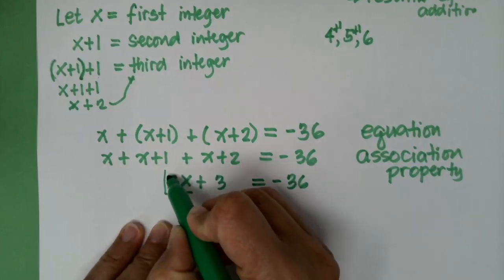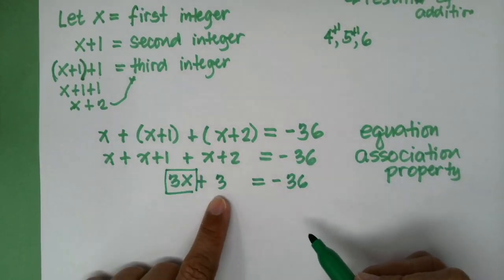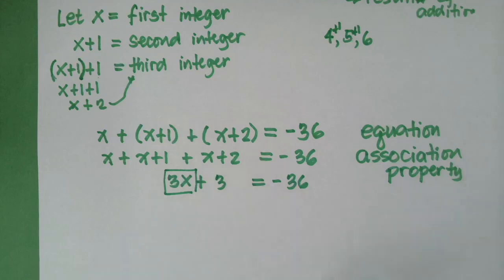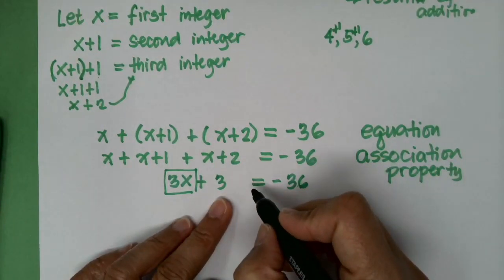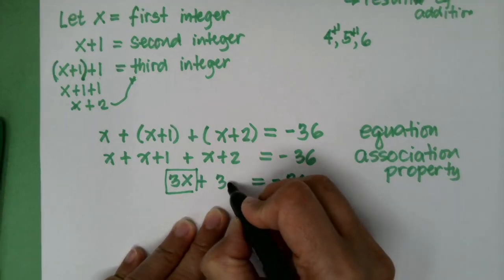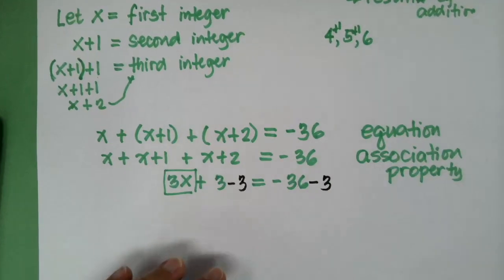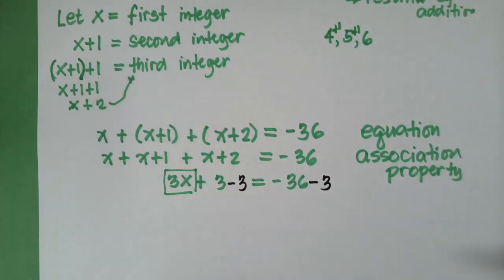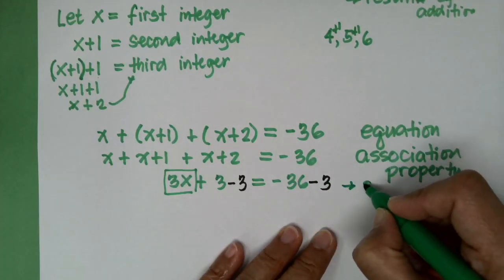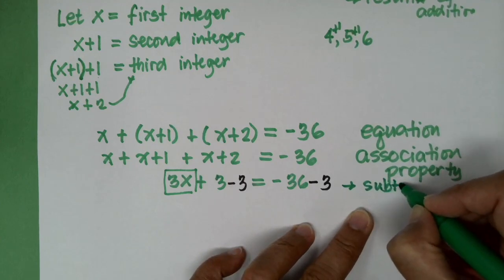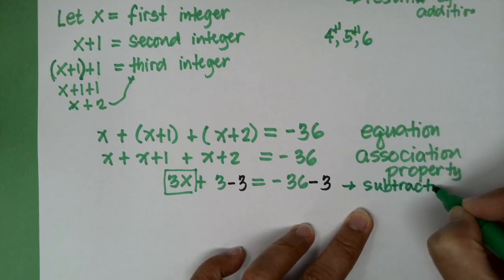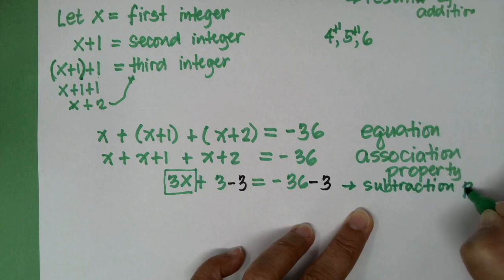We need to get the 3x by itself, but because it's added to 3, we will have to subtract 3 from each side of the equation. I have a space here, so I can just simply do my subtraction directly. There you go. And that is by the subtraction property of equality.